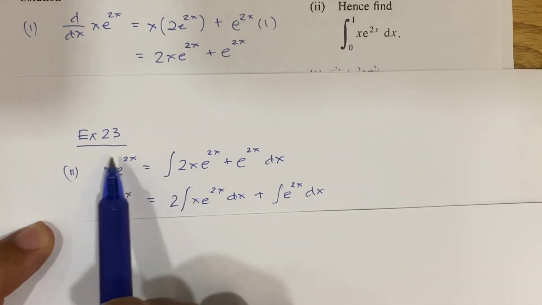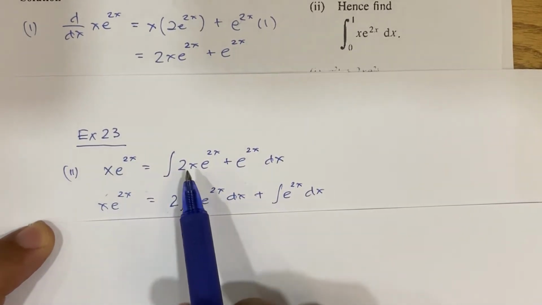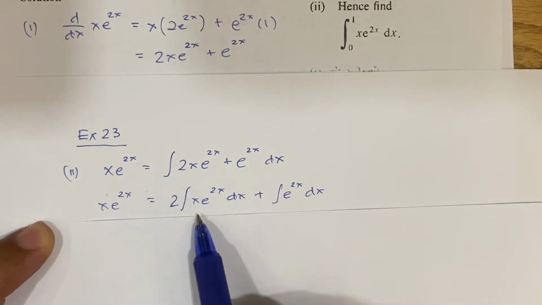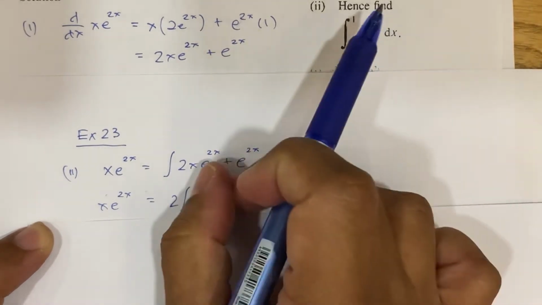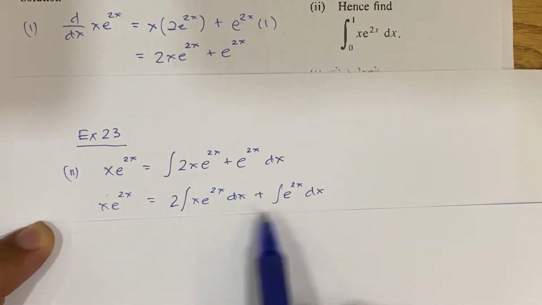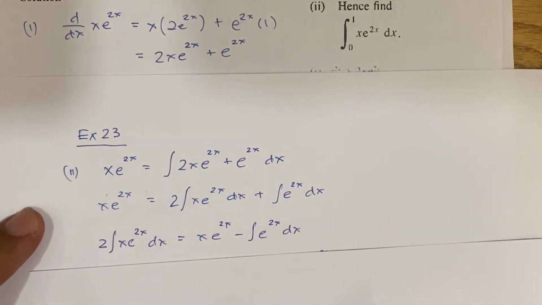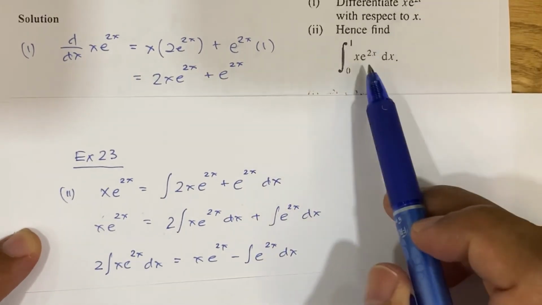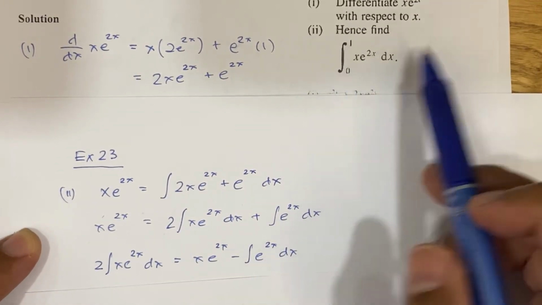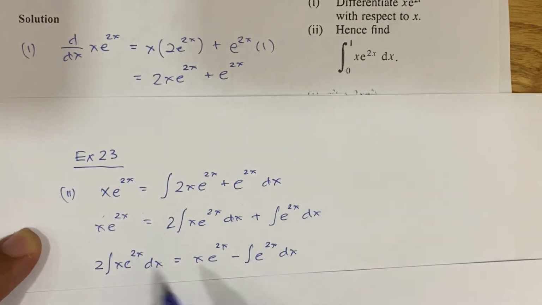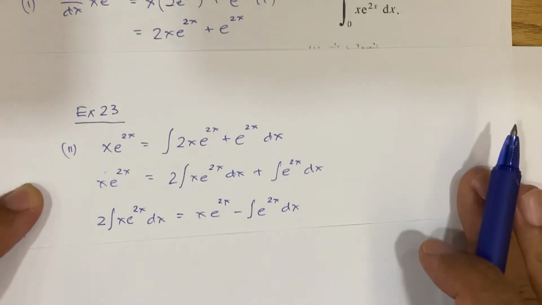Now, next, what do we do? I still write the left hand side here. I'm going to take out the constant 2 here. I left this, and I'm going to break up into these two integrals. Now after that, I'm going to rearrange. Please take note, my question is this. Integral of this function is somewhere here, so I'm going to put this on the left hand side.